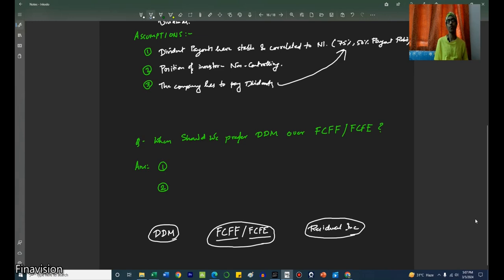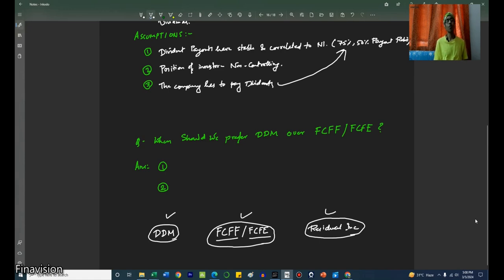These are the three major ways to value a company. Now each of them has certain situations where it is most preferable to use. We will just go through an overview of when DDM is the most appropriate process to use, when free cash flow discounting is the most appropriate, and when residual income is the most appropriate. We will go through them one by one.